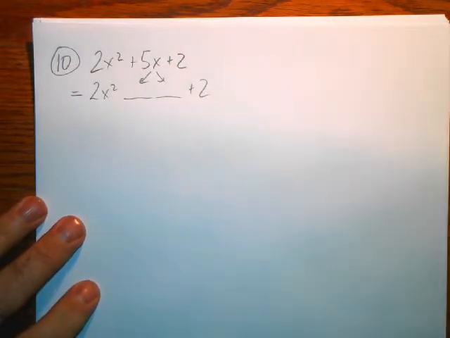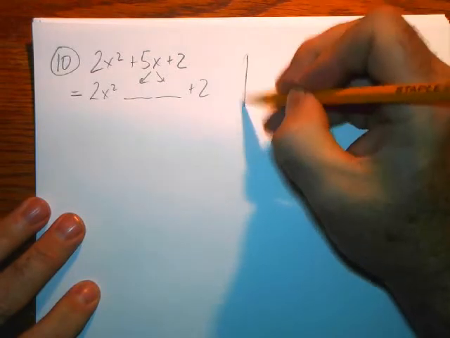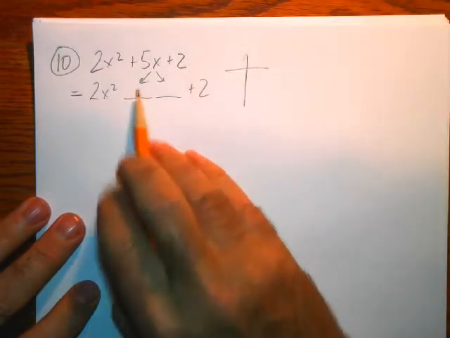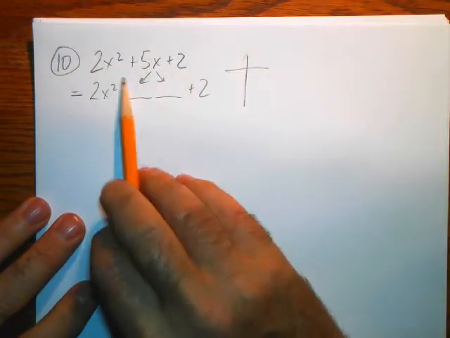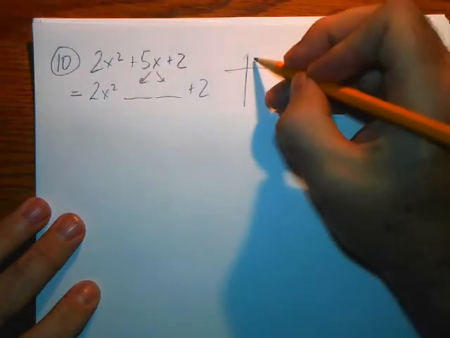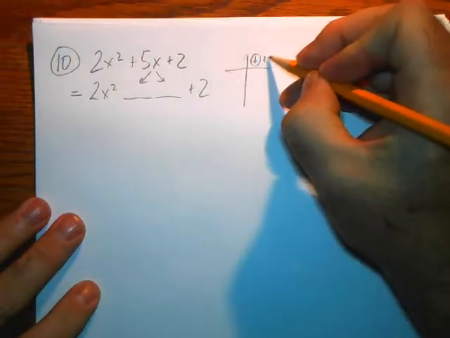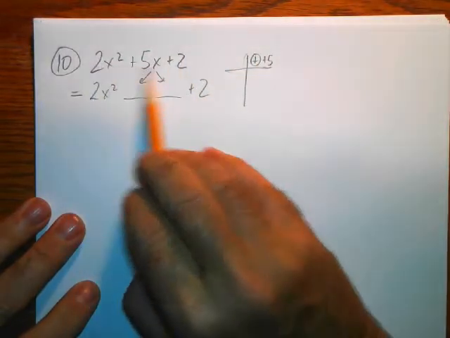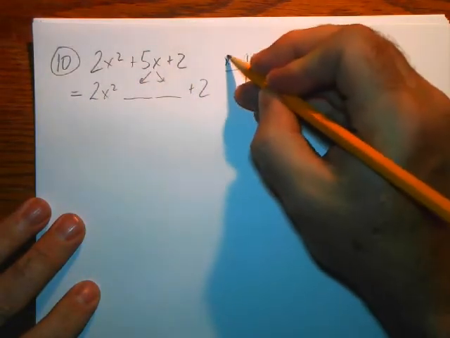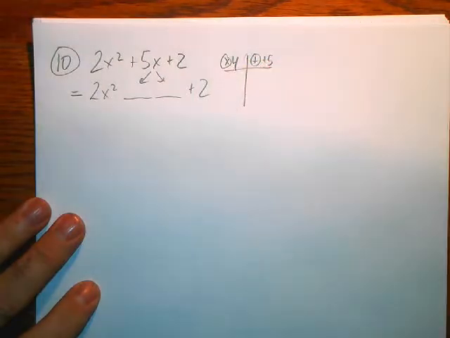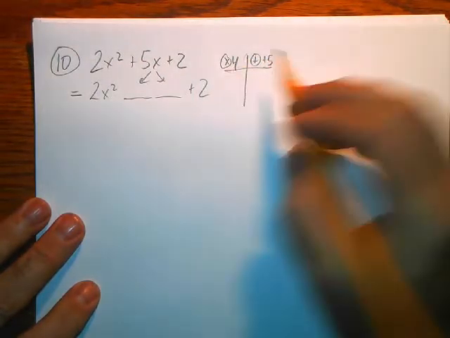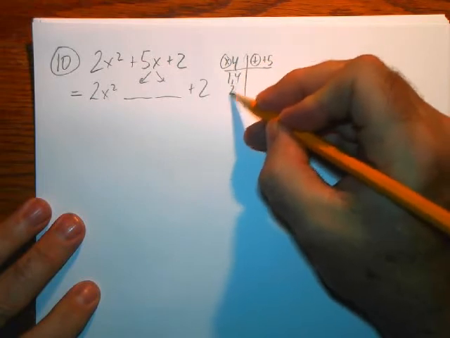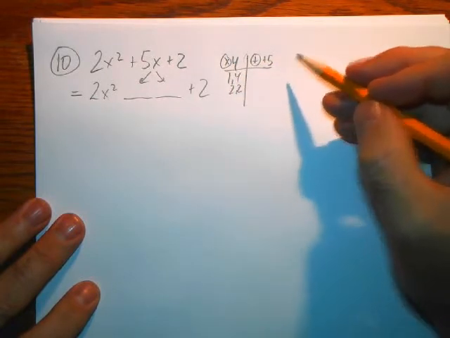Well, I know the 2 numbers add to positive 5 and multiply, don't forget, to 2 times 2, so they multiply to 4. I've got 1 and 4, 2 and 2, adds to 5, well, that's definitely that one there. So the 2 numbers are 1 and positive 4.